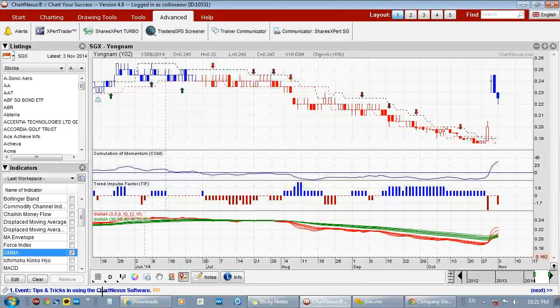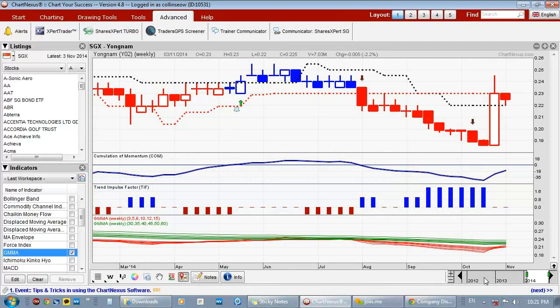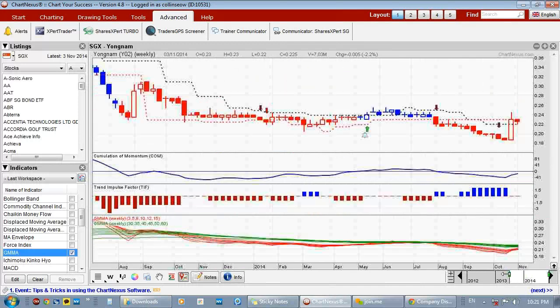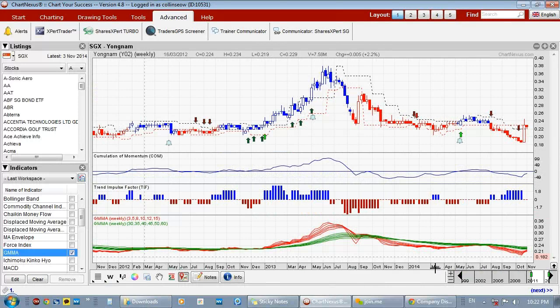on a weekly basis, which is more critical, the weekly chart is still down. On a longer time horizon it is still down. Maybe if it clears 24 cents, 26 cents, then it can start to go higher. If you are more longer term, then you need to look at the weekly chart.